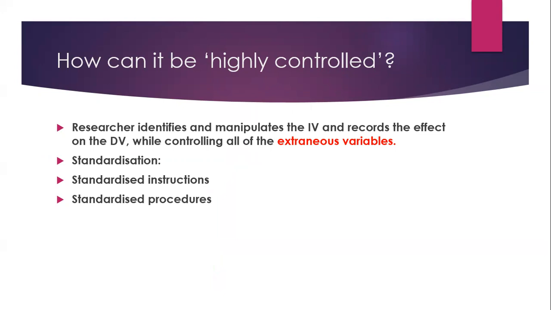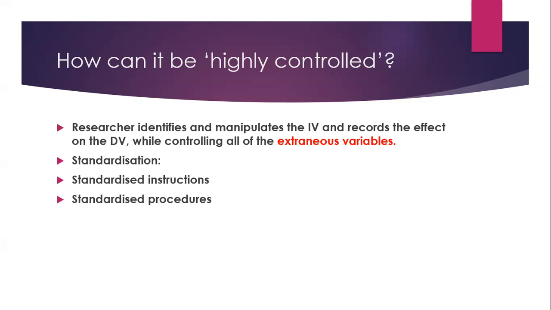The DV is the variable that is being measured to see whether the IV has any impact on it. And that means all the other variables within the research we classify as extraneous variables, and they need to be controlled. The reason why we need to control them is that we do not want them to have an impact on the DV alongside the IV.